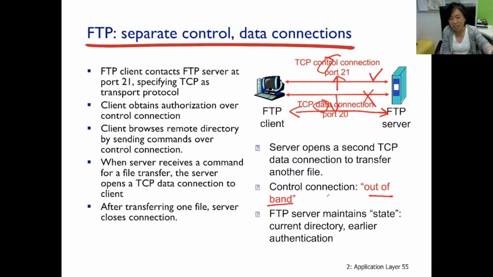So these are obviously control. But in both messages, we also have the body entity. If you use a post command in HTTP request, you might be sending also some data up to the server. And in a very classic web response, the entity body contains the web object. So in HTTP, communication is in-band. One word, in-band, right? Data and control messages are bundled together and going on just one connection.